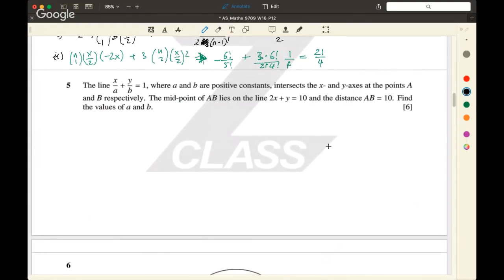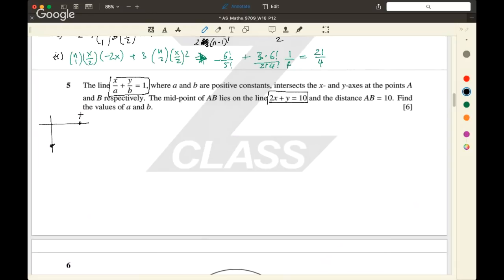Okay, question 5. So we have some curve here, some line, and another line here. And we're told that there are these 2 points, A and B, which are the x and y intercepts of this first curve. So I'm going to just draw schematically something like so.